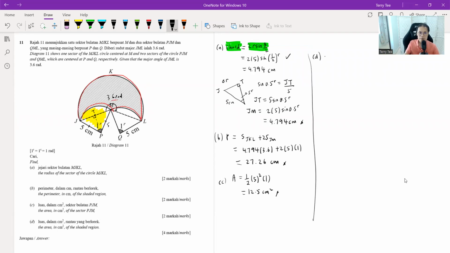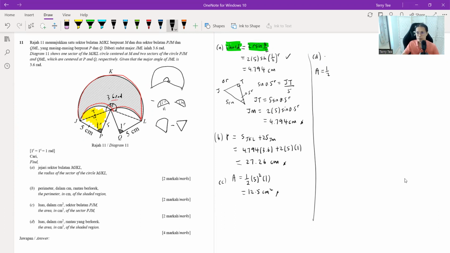And part D, area of the shaded region. Your shaded region consists of this sector here, but you're going to minus this segment. Now, this segment actually consists of sector minus triangle. It's up to you. Some people want to do one by one: they find the area of a segment, then times 2, then take the whole thing minus the segments. You can also do it in one shot.